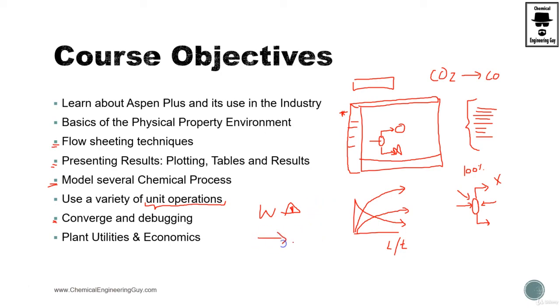A common warning is normalization. You know that the total of the mole fractions must equal 1, but maybe it was 0.95. You know that this is not possible.